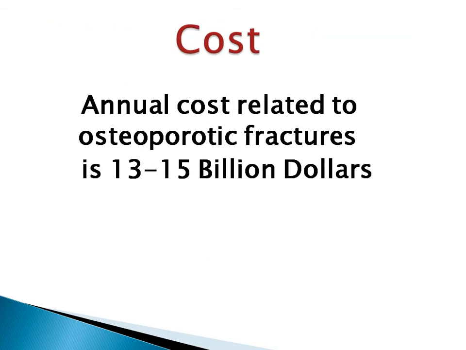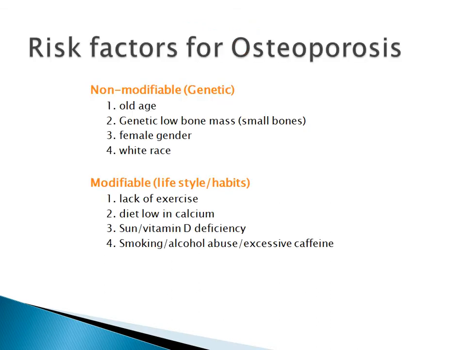The annual cost of osteoporotic fractures in the general population is $13 to $15 billion, so a lot of money. Risk factors for osteoporosis: in general, they can be divided into non-modifiable or modifiable, something you can do something about.